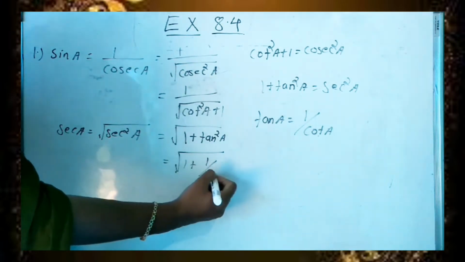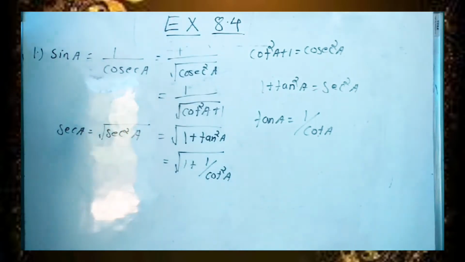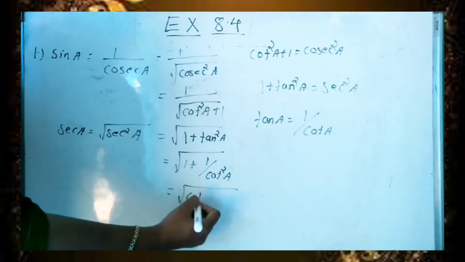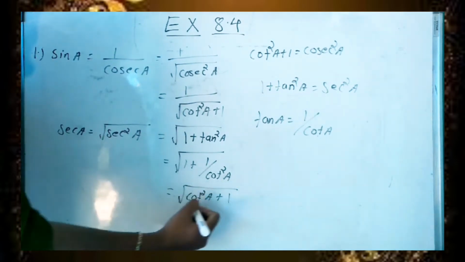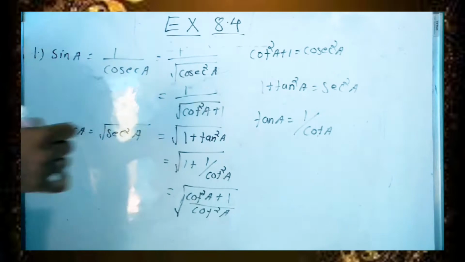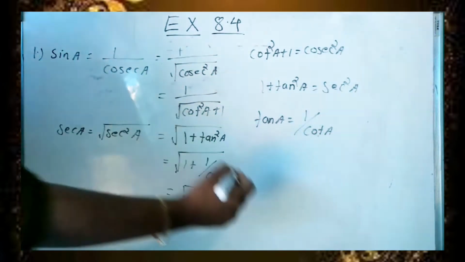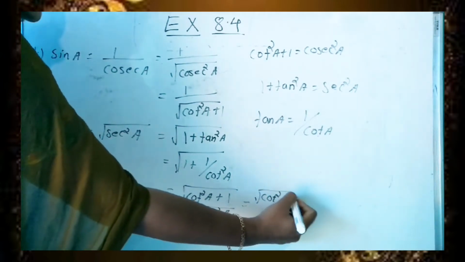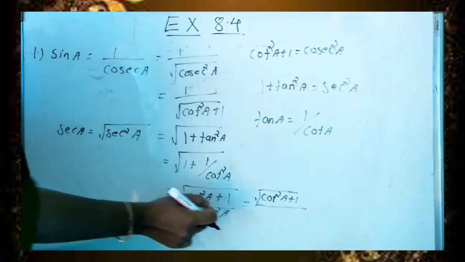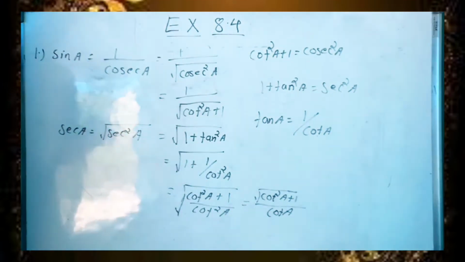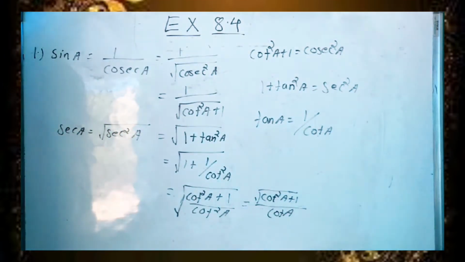Then we will have 1 by cot square A, because here we have tan square A. And this is equal to square root of, just take the LCM, cot square A plus 1 divided by cot square A. The square root gets cancelled, and that becomes cot A. So sec A is square root of cot square A plus 1 divided by cot A.